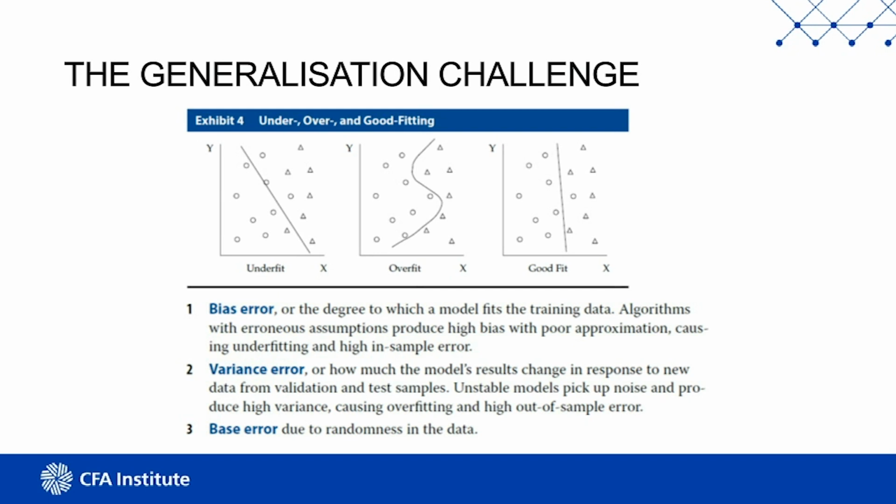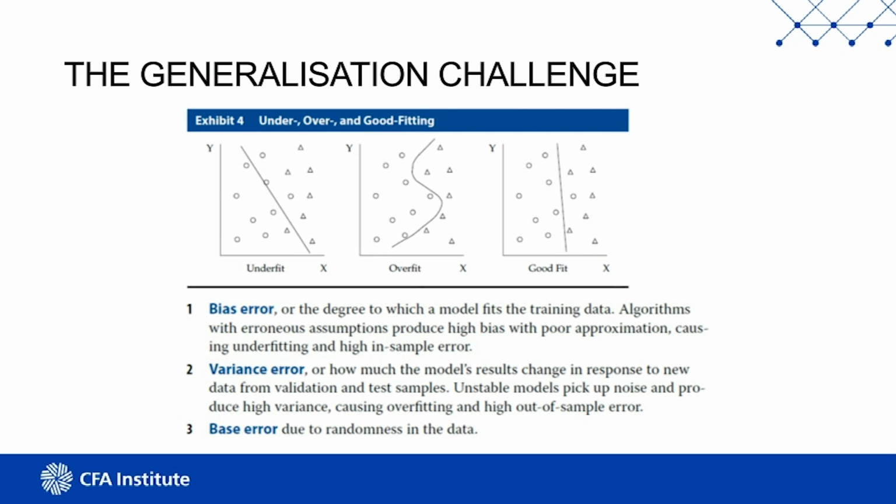On the middle option is a model that is overfit. So it has got a complex curve that splits this area into two sections, and it's perfectly split the triangles from the circles. The problem is that describes the data that is seen, but that may be more complex and more detailed than would be true when you take other examples in the future.